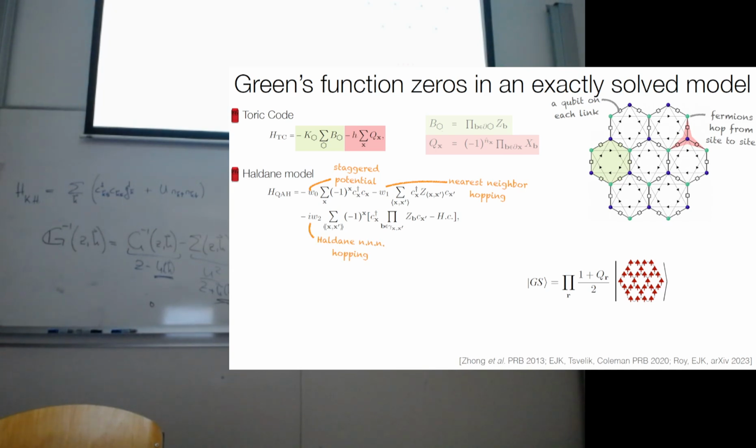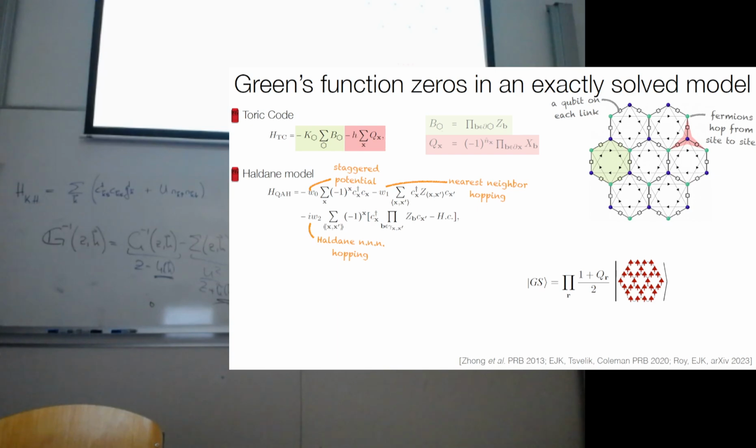Then there is a hopping which is next nearest neighbor hopping. This is a model that was introduced by Haldane in the late 80s to create a quantum Hall effect without Landau levels. It's what's now called the Chern insulator.